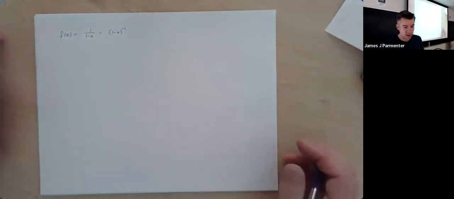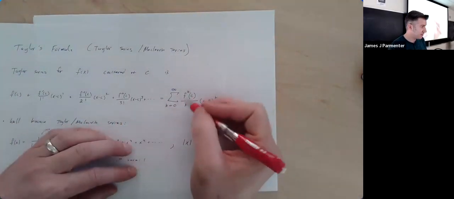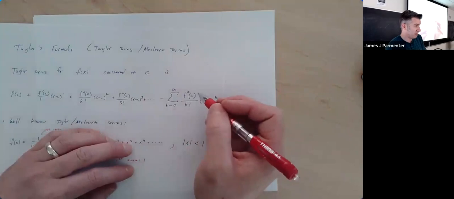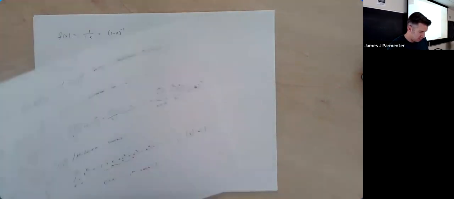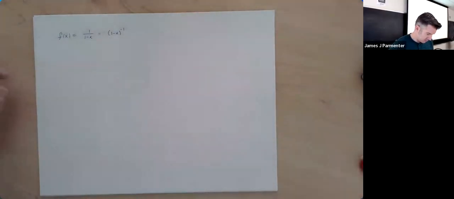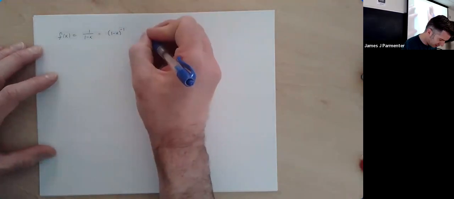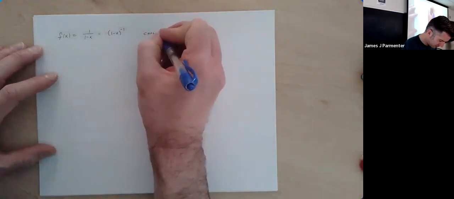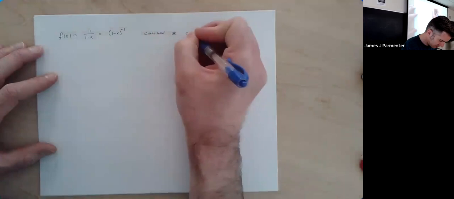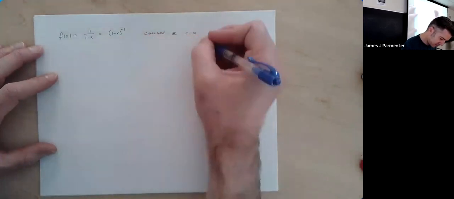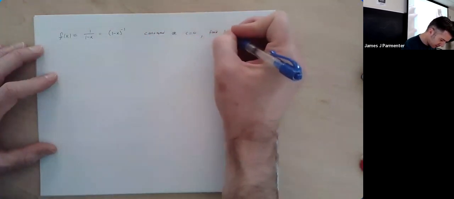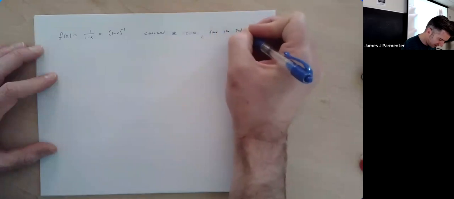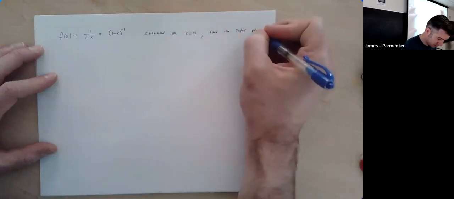Then the idea is we want to find this part right here, because that's the formula for the coefficient of x minus whatever to the k. So this function, which is centered at 0, we want to find the Taylor polynomial by finding the Taylor coefficient.